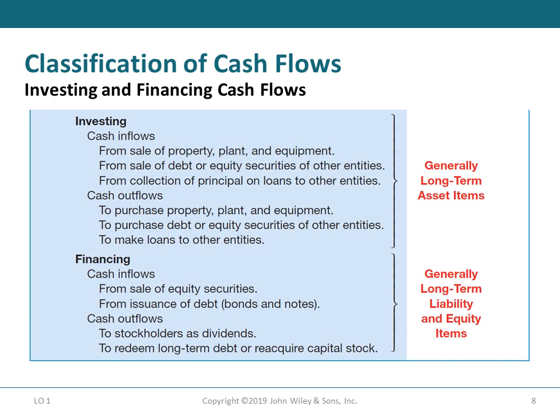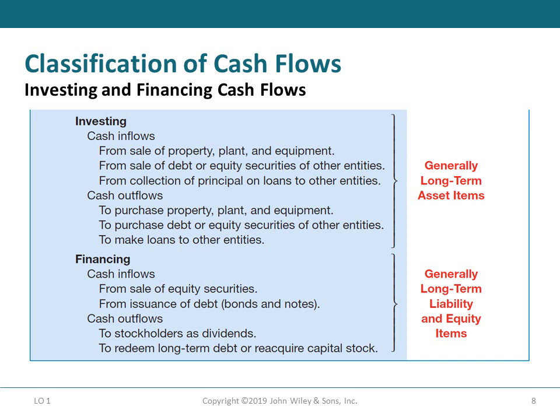The second category, investing activities, generally includes long-term assets items. We also have cash inflows and cash outflows. Cash inflows from sale of property, plant and equipment, from sale of fixed assets, from sale of long-term assets.